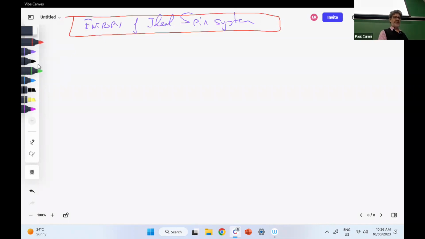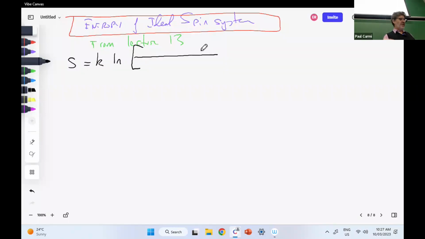From lecture 13, this one we did do. We got that S is, it's a horrible equation, k ln. The way you understand this equation is you break it up. 2 pi N over horrible stuff, 1 plus pi N squared minus pi squared U over mu B squared, all that to the half. That's ugly.